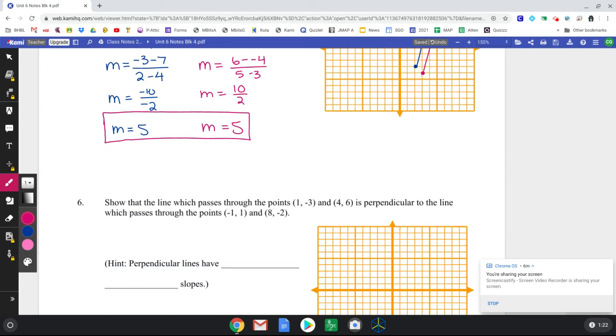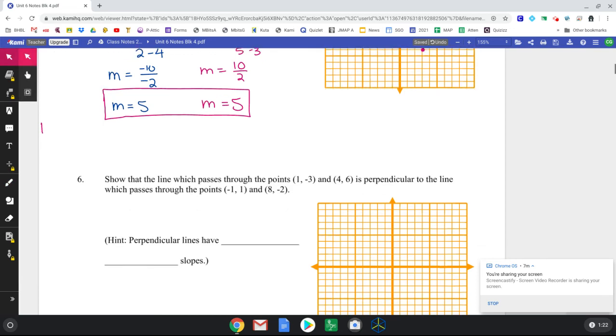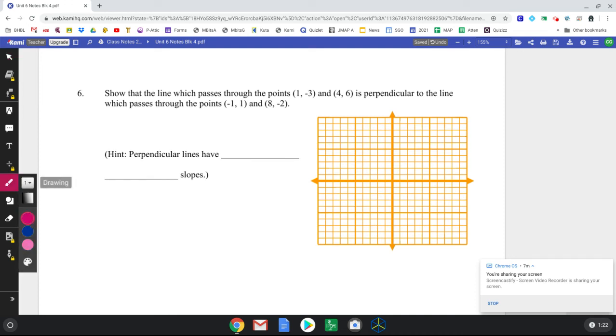In number 6, I want to show that the lines are perpendicular. So I'm looking to show that my two segments have negative reciprocal slopes.